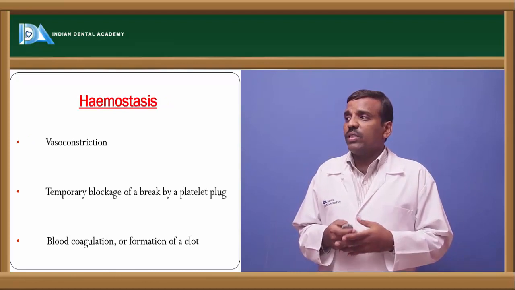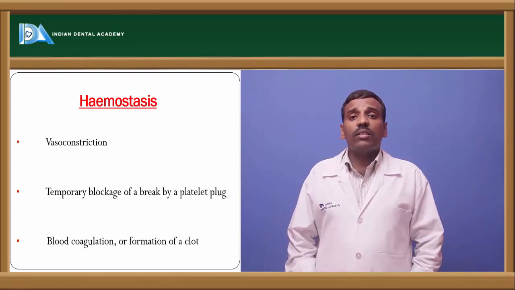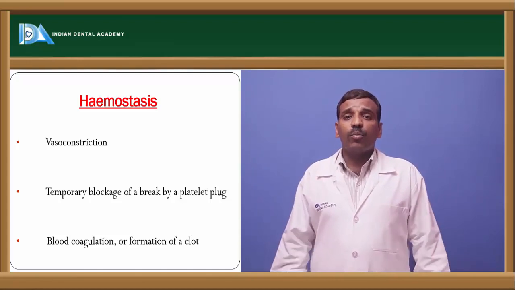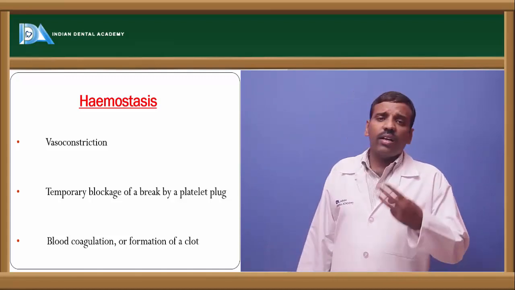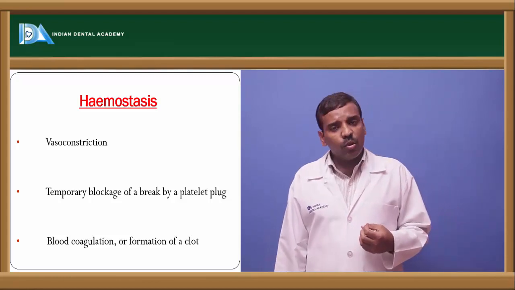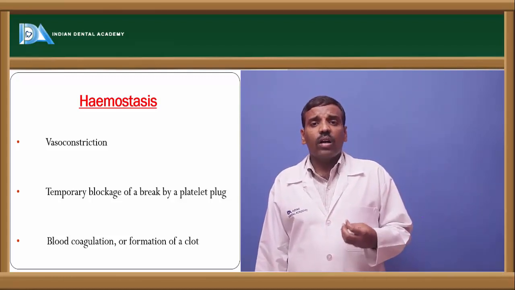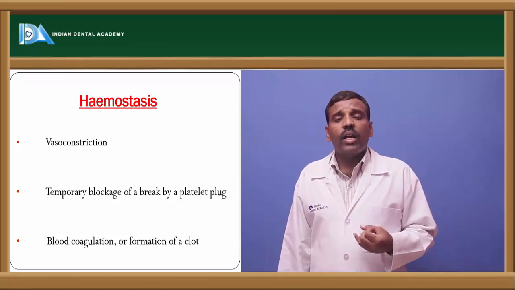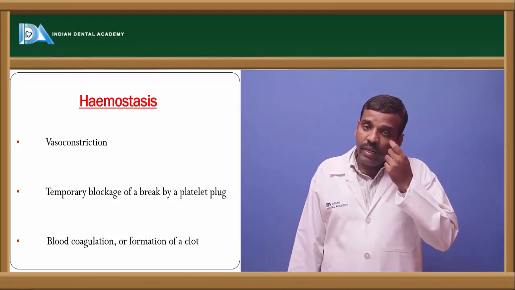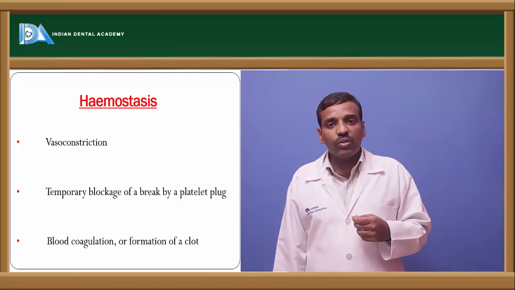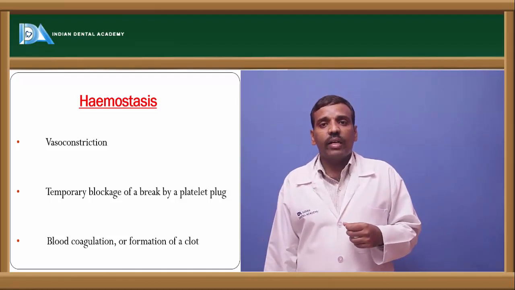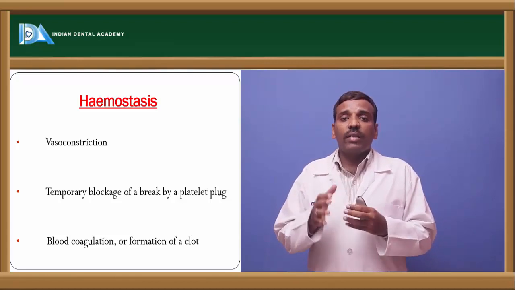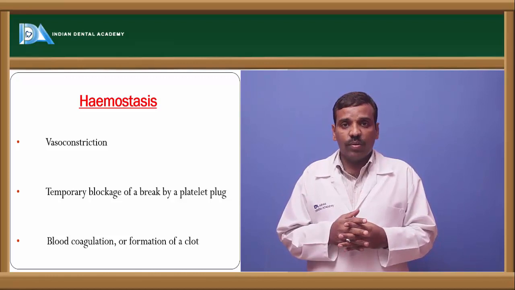After this, hemostasis is nothing but the arrest of bleeding. Hemostasis occurs under 3 headings. One is vasoconstriction, the next is platelet plug formation, which is platelet aggregation and adhesion, and the third is blood coagulation. In vasoconstriction, the first stage, when an injury occurs, there is vasoconstriction, by which blood loss is decreased.